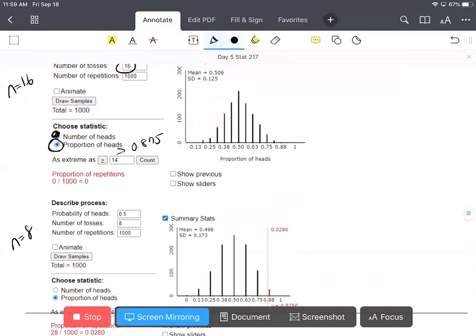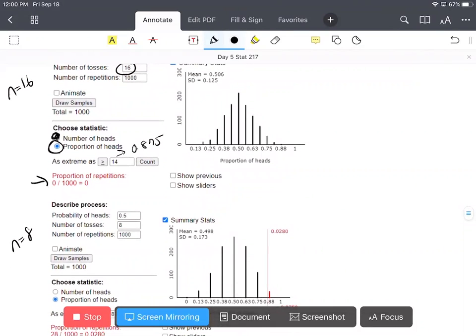It says the proportion of repetitions here is 0 out of 1,000, so they didn't count any up here. Now, is the probability 0 that this could happen? Actually, no. We don't say it's 0 because there is a possibility that it can happen. Whenever we see a count of 0, we say the probability is not exactly 0, but very small.